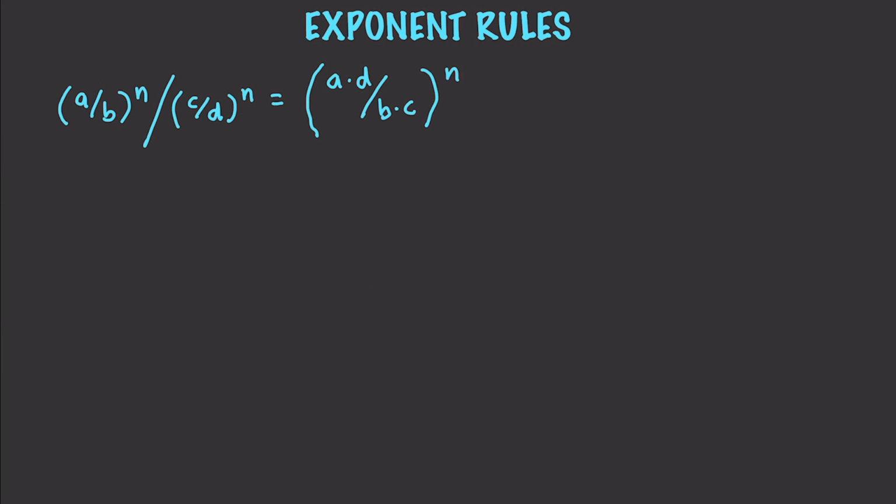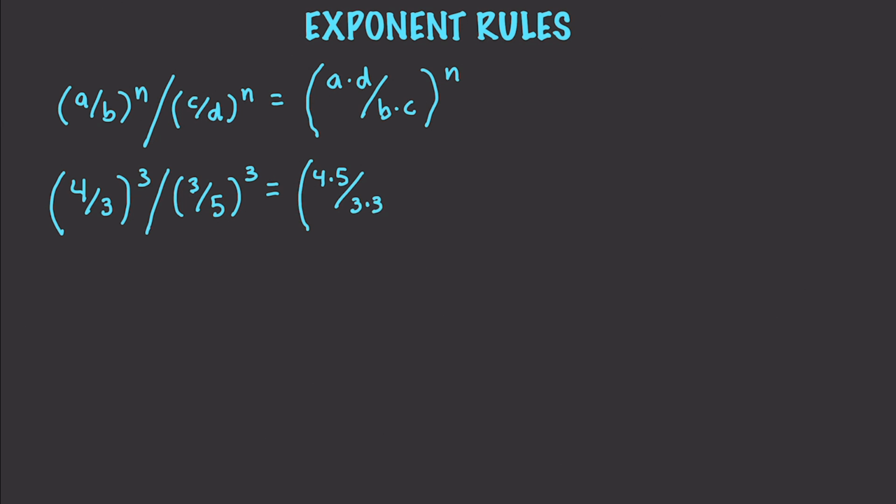And a real world example would be, let's say we have (4 over 3) to the third divided by (3 over 5) to the third. That would be solved by taking the 4 times the 5 and dividing it by the 3 times the 3 and to the power of 3.